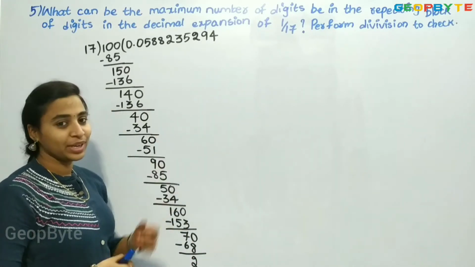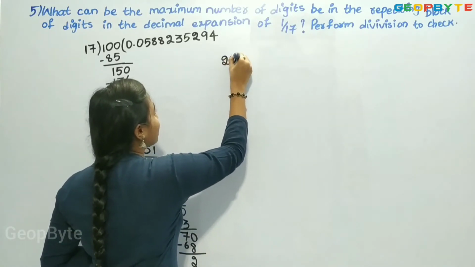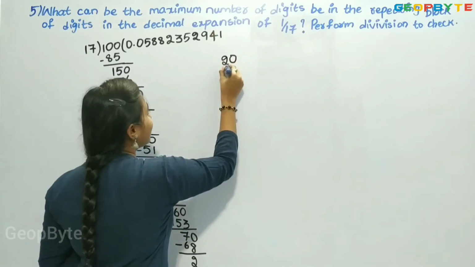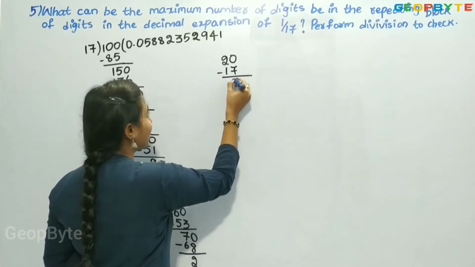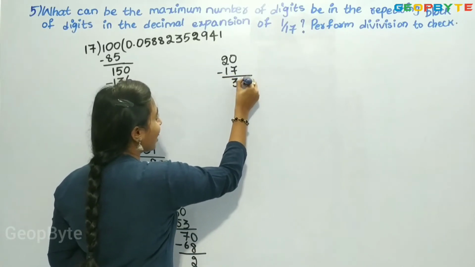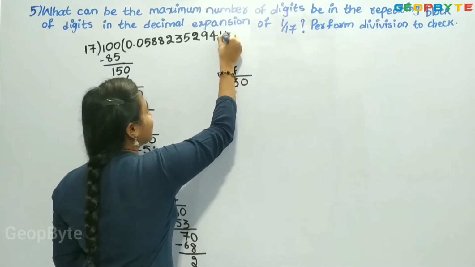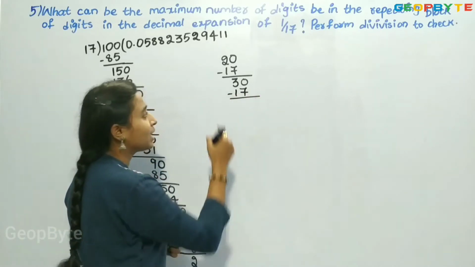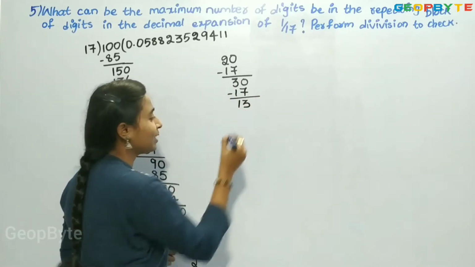Let us continue here. 2 and let us put a 0. Now 17 1s are 17. 20 minus 17, 3. Again let us put a 0. Again 17 1s are 17. 30 minus 17 is 13.